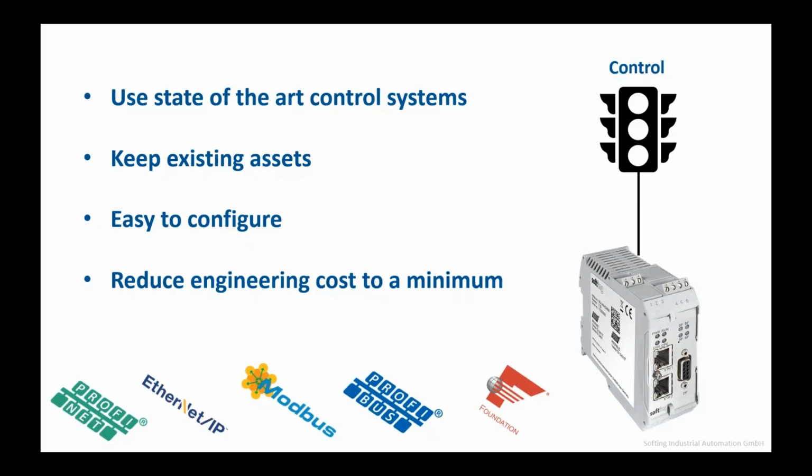You say, okay, I want to use new features those control systems bring to me, but the companies are pushing, providing more and more industrial Ethernet DCS or PLCs. Of course, they want to sell their new stuff. And what could you do now? Tear everything down, get every last bit of automation out of your system, and exchange everything with the new Siemens or Rockwell stuff they might try to sell.